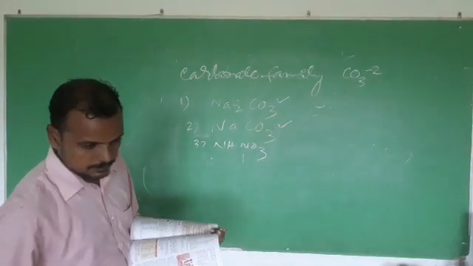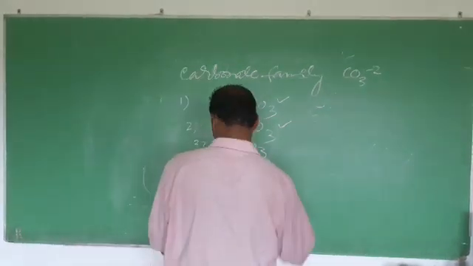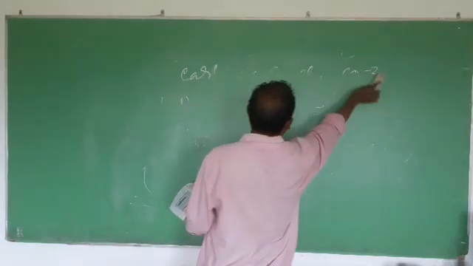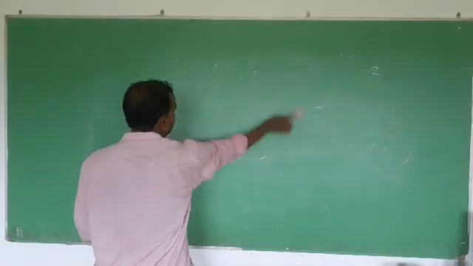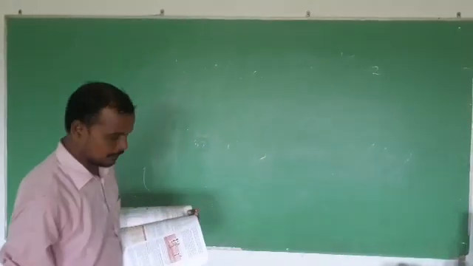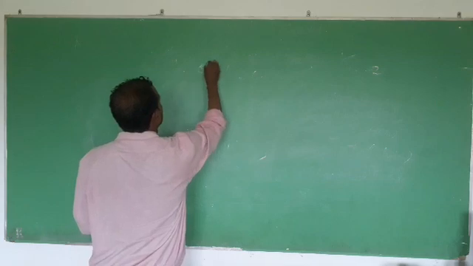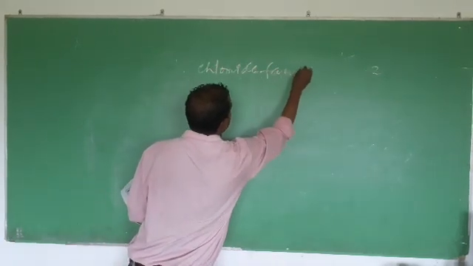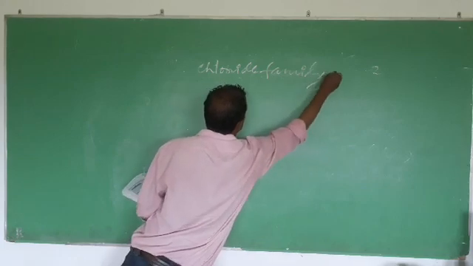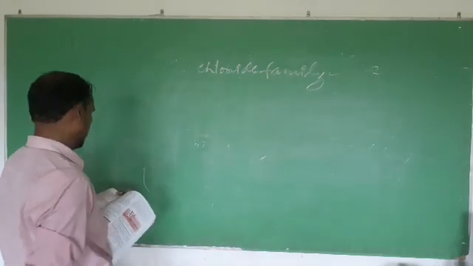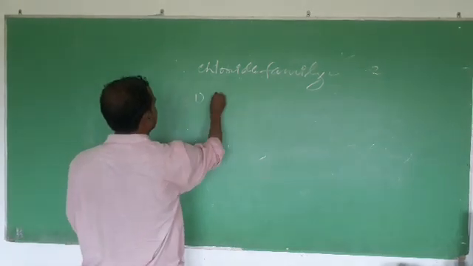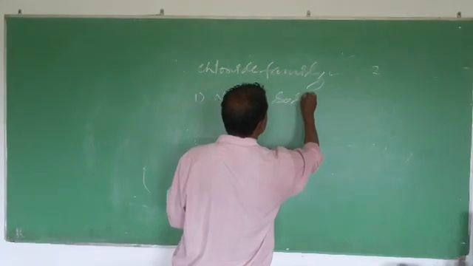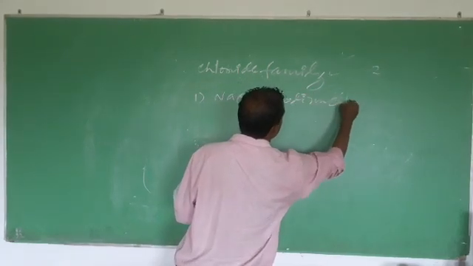Okay, and another important family is the chloride family. Here all the members must contain chlorine, and you can take an example NaCl, that is sodium chloride.